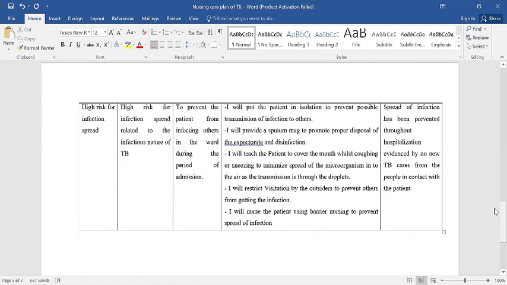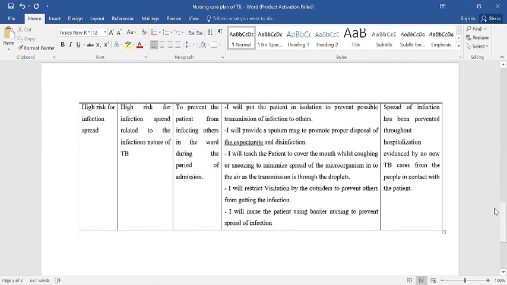So we are going to provide a sputum mug that the patient can easily dispose of the sputum they are spitting out, and it will be easier to disinfect.